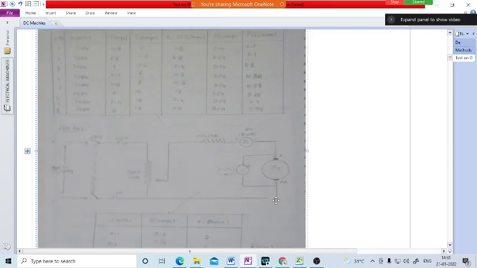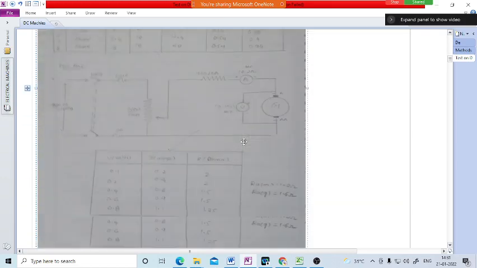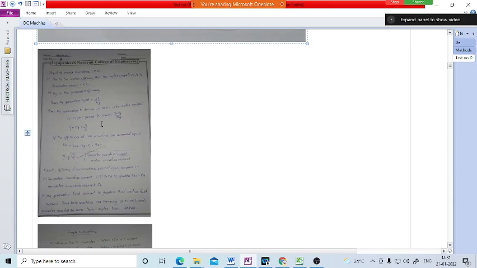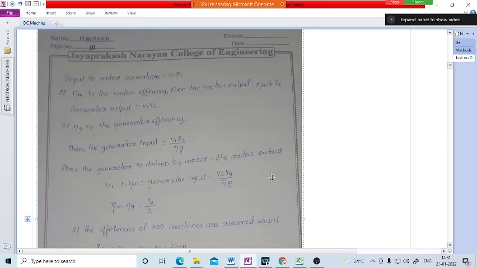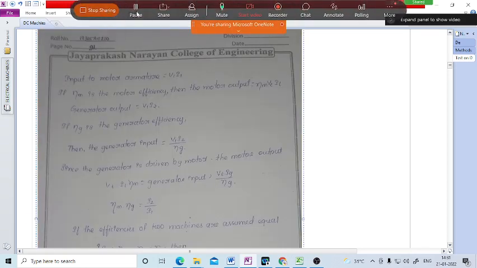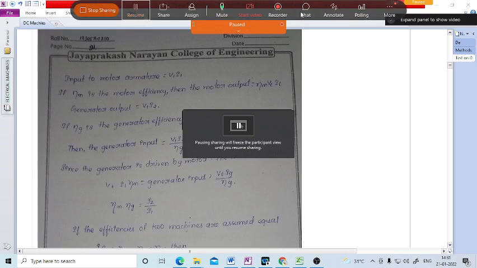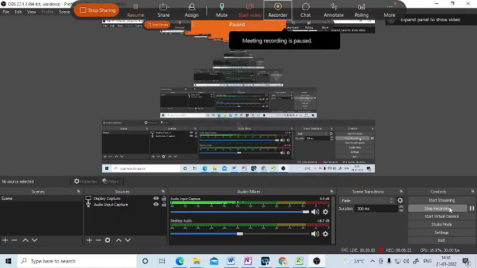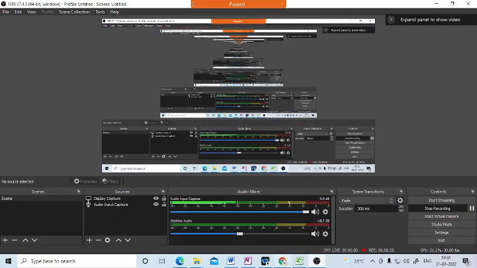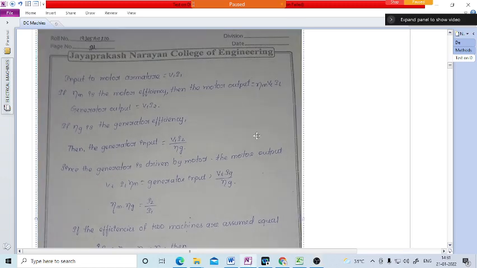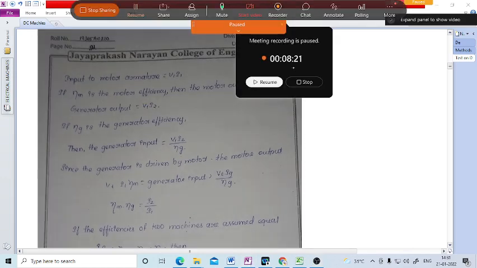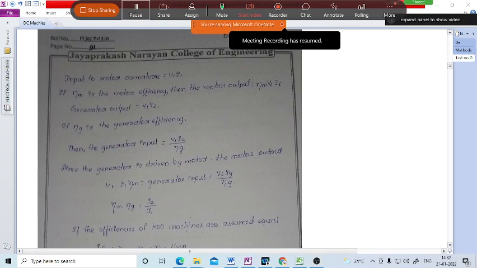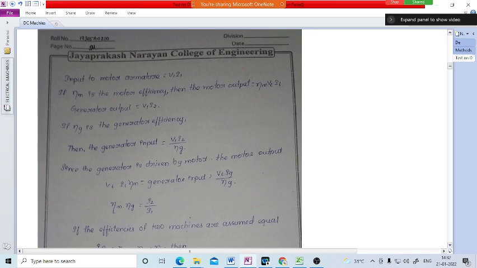We can observe these here and they will be tabulated. From that we'll take the efficiency.